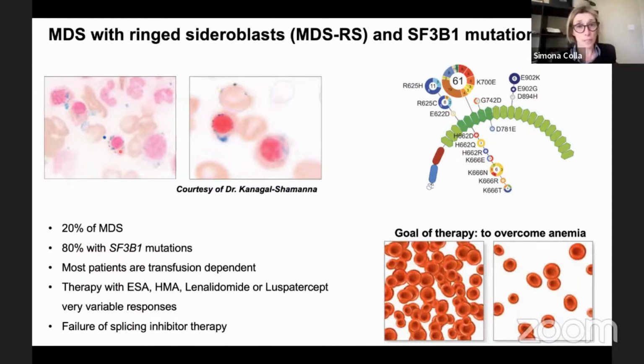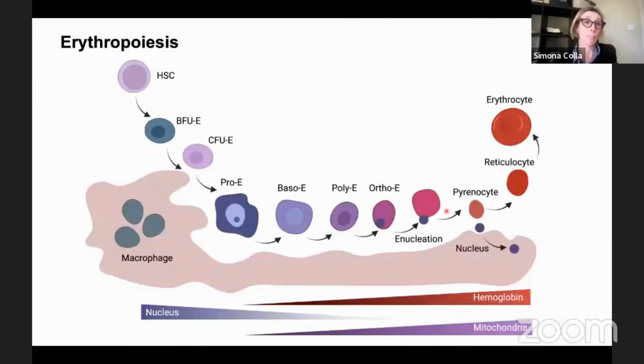Cells are stuck there, they cannot differentiate, and the patient has anemia. They die because they continue to have transfusions, and then with transfusions, they have an overload of iron, a lot of complications. So the overall goal here was really to understand the molecular mechanism to overcome anemia in these patients.